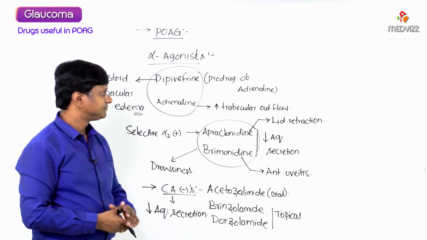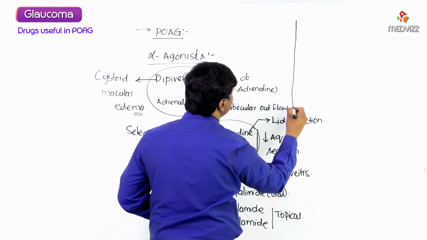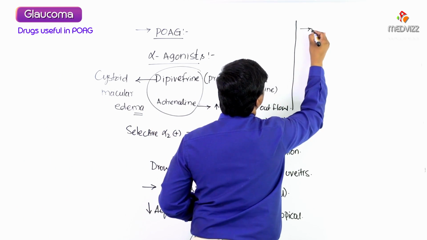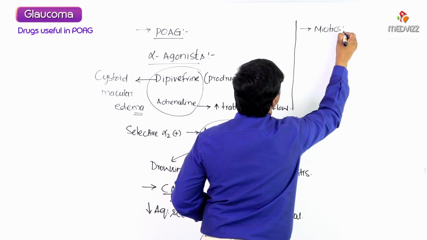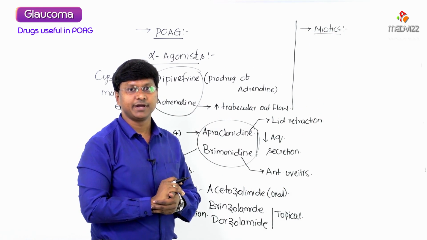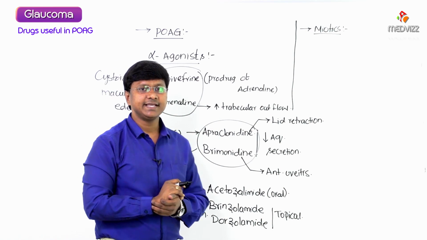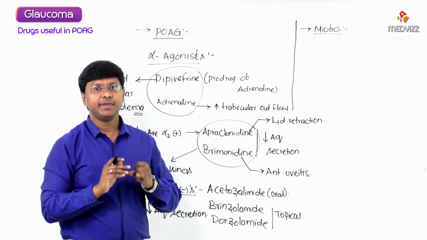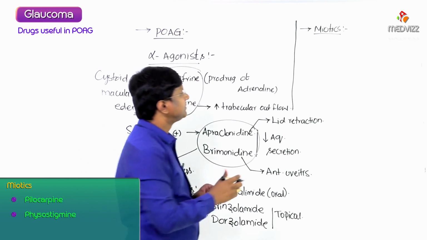be preserved. Next, apart from this, we have the other group of drugs which are miotics. The examples of these miotics are mainly pilocarpine as well as physostigmine.